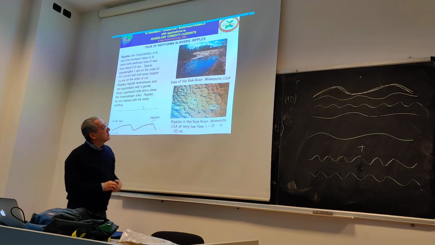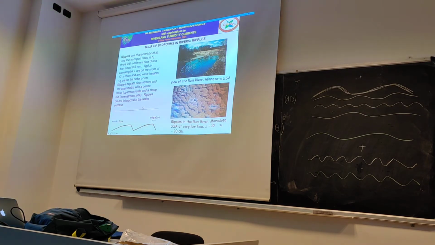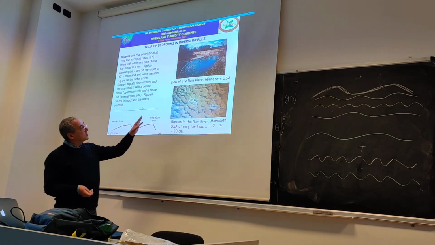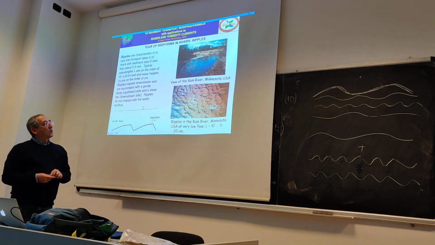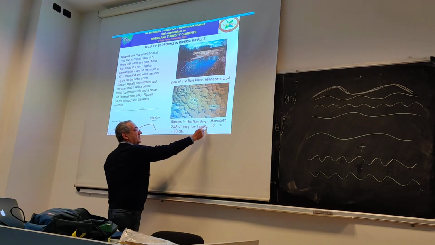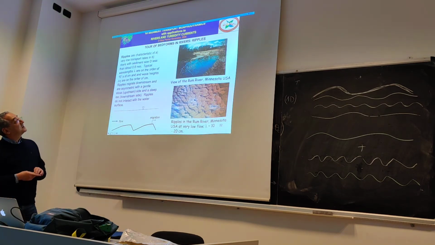You have to look much more carefully than for dunes. You have to look much more closely at the bed, and you will observe this much shorter wavelength. It is said the wavelength lambda is about 10 to 20 centimeters.